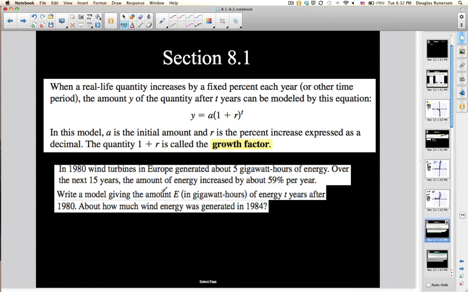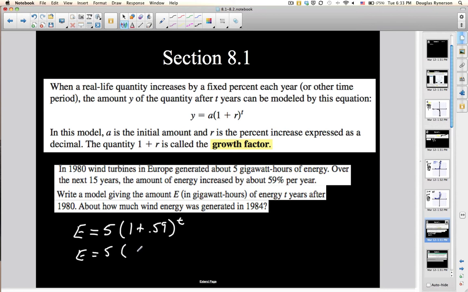So write a model giving the amount of energy E. E would be equal to my starting situation, 5, times 1 plus my growth rate, 59%, to the t power. That's my model. So the energy in any given year t can be found by 5 times 1.59 to the t power, when I simplify what's in parentheses.